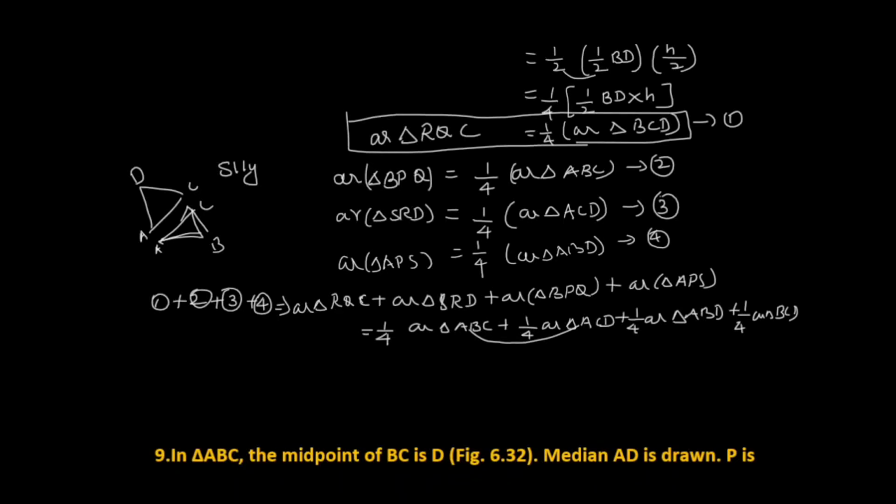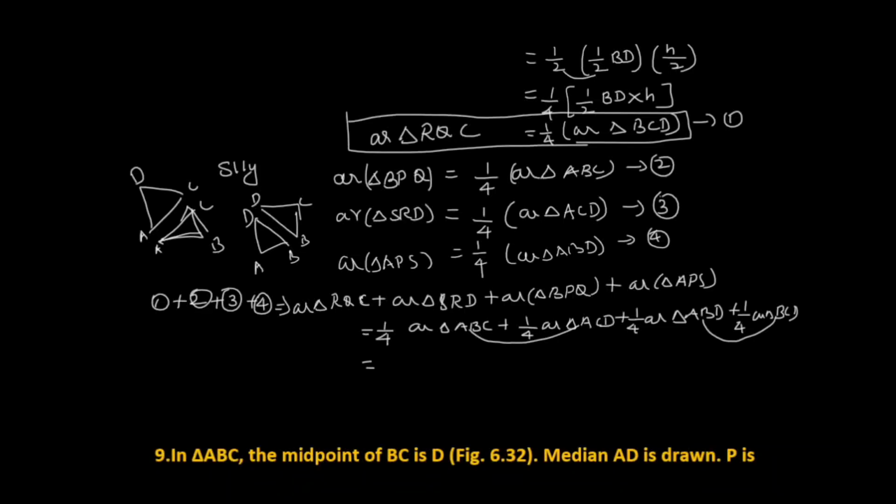Same way, BD is the next diagonal. So triangle ABD with CBD, when you are joining these, again we are getting a quadrilateral.